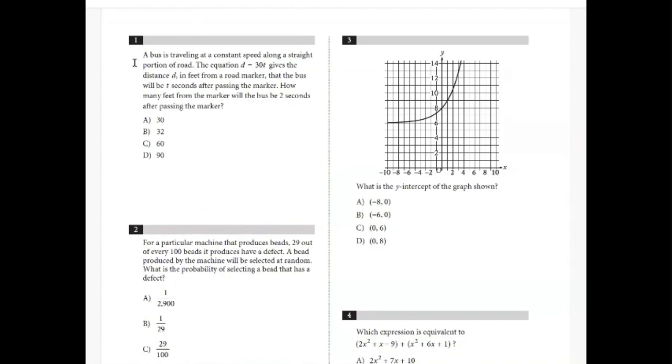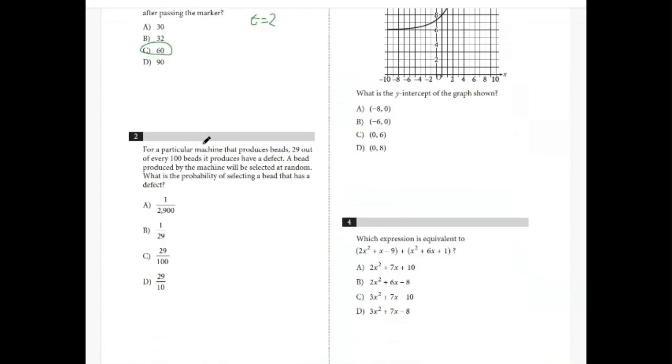How many feet from the marker will the bus be 2 seconds after passing the marker? Very simple and easy problem here. All you got to do is put t equals 2 into this formula here. So d is 30 times 2, which is 60. So the correct answer choice here is C as in cat.